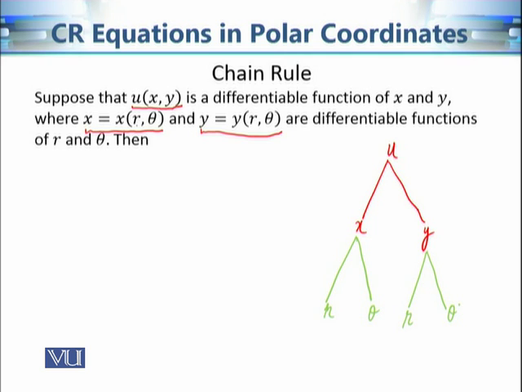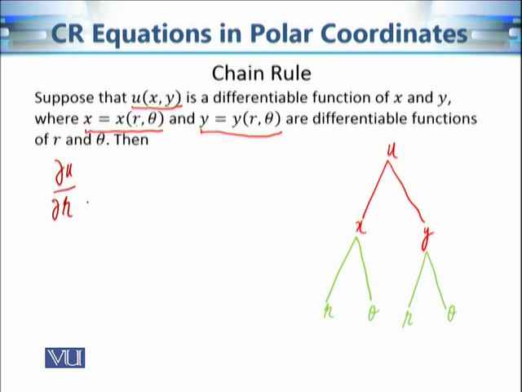Okay, so now if we want to calculate, for example, partial u by partial r, over here we can see that u is a function of x and y, which are further functions of r and theta. So u is a function of r and theta. So we can talk about the rate of change of u with respect to r.